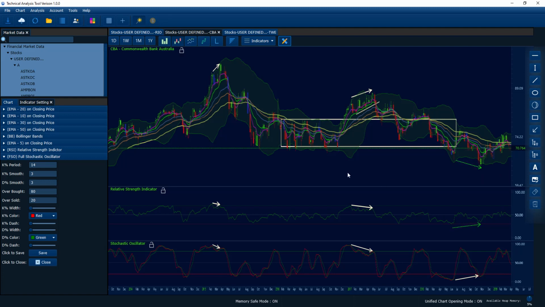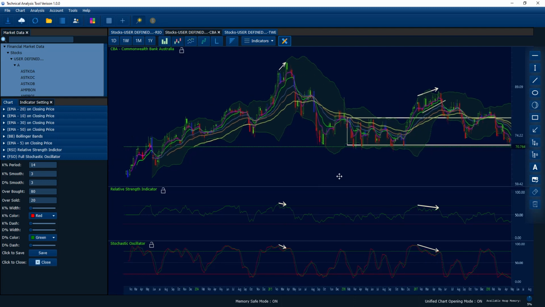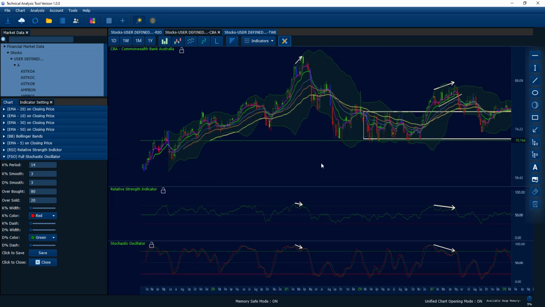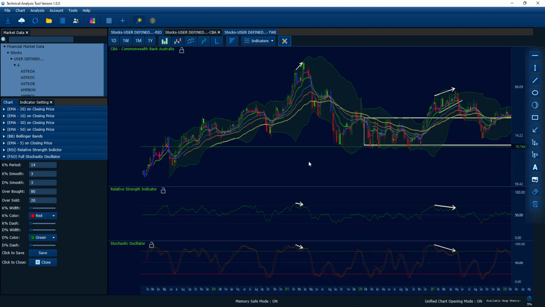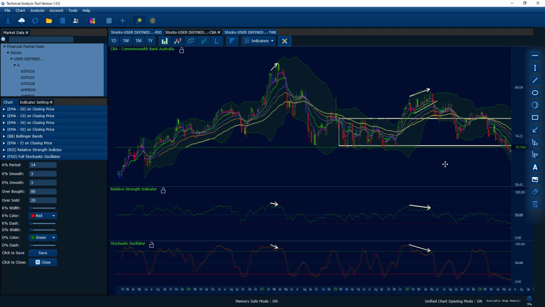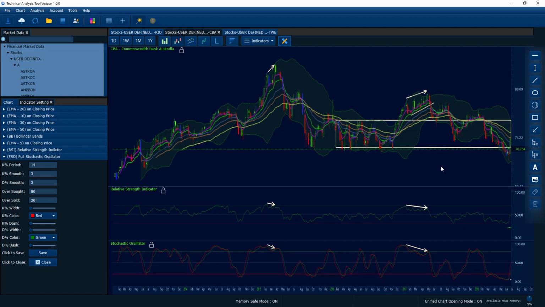So use this type of indicator wisely, combined with other indicators together. As you can see, this time we used the Stochastic Oscillator and also the Bollinger Bands and also the support resistance line. All sorts of technical analysis methods together generate a decision.